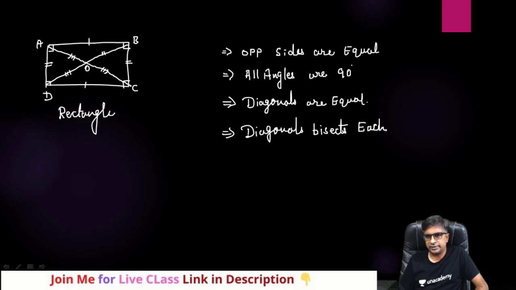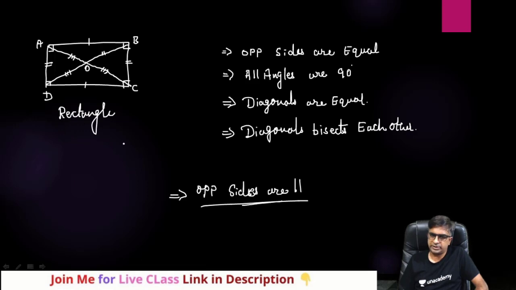We will not write perpendicular, because in the square we were getting 90 degrees here, but here we are not. And the other condition that I told you, that opposite sides are parallel, is not included in the main properties, but it will follow in all the figures. That's why I am writing it.